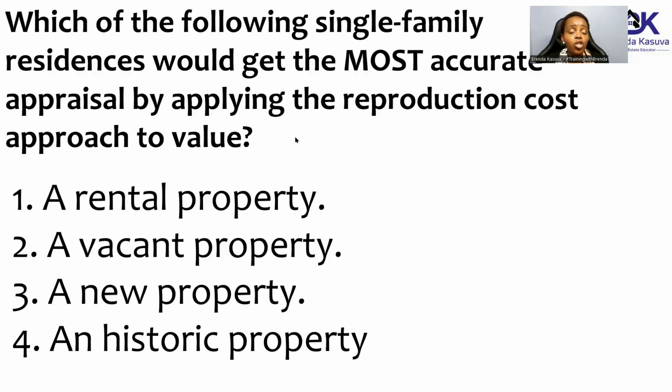That's where the reproduction cost comes into play, where the appraiser is going to look at, do we use the reproduction cost or do we use the replacement cost? If you've had some insurance background, maybe that helps a little bit, where replacement, you're just replacing it with something similar. Reproduction, you're getting a replica.